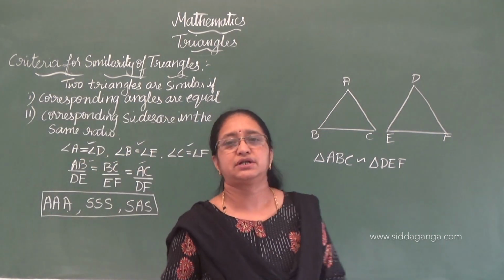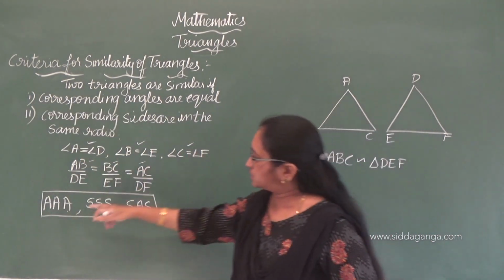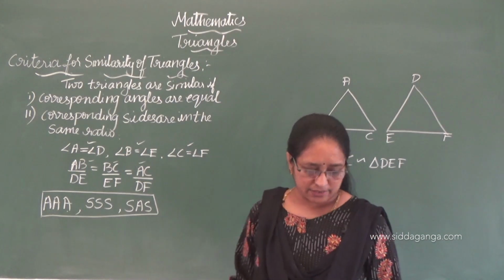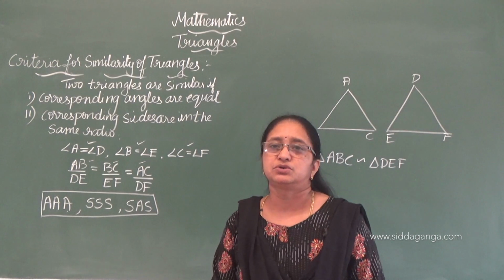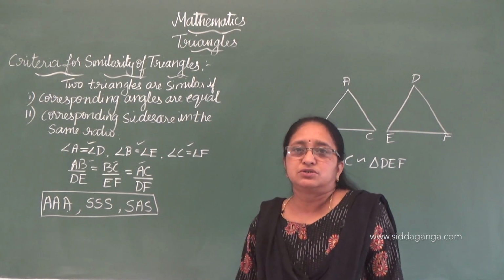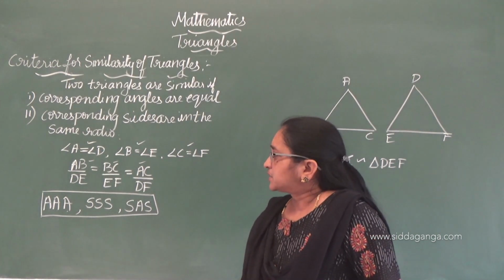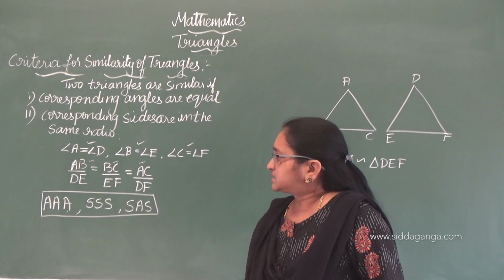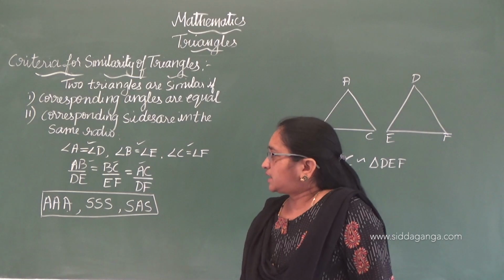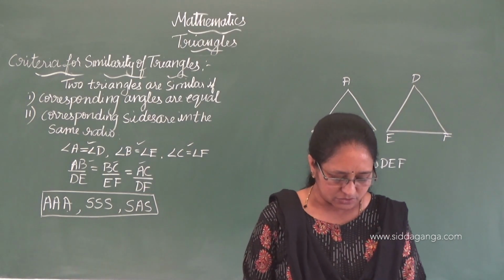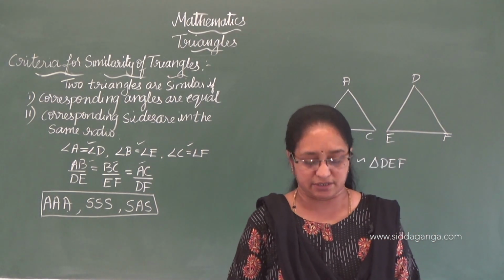We'll do all the 3 criteria, and in your textbook also they have given some steps to prove them. So I'll try to do it. First, today we'll see the AAA criteria.